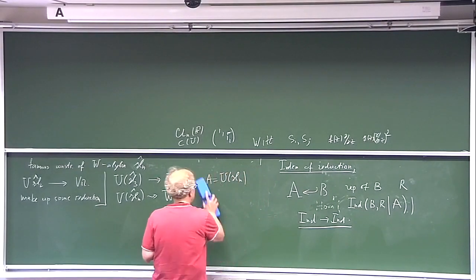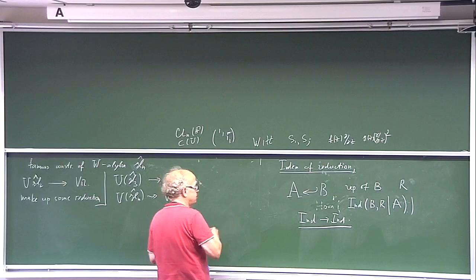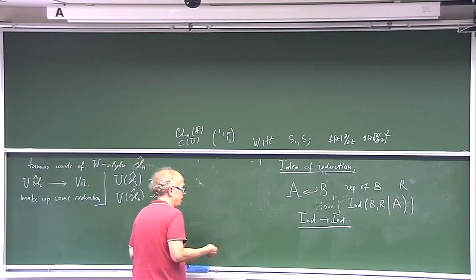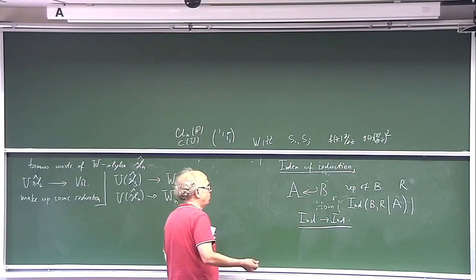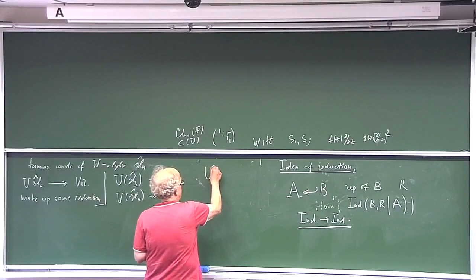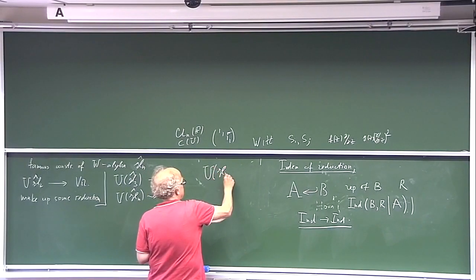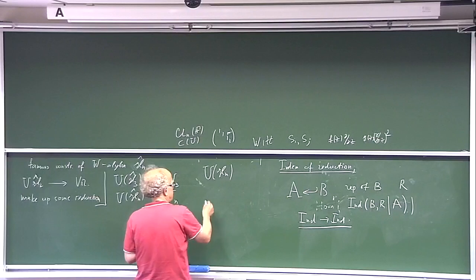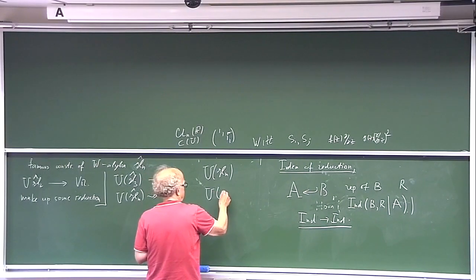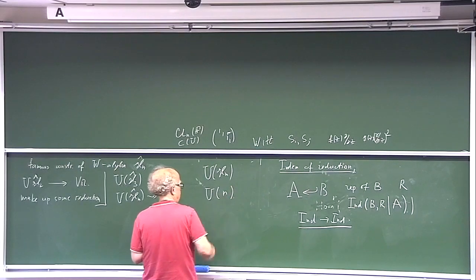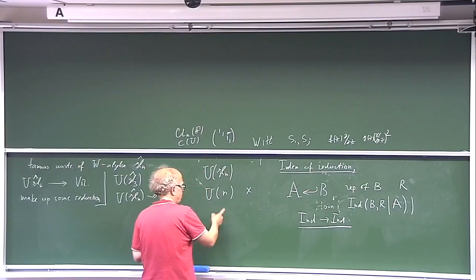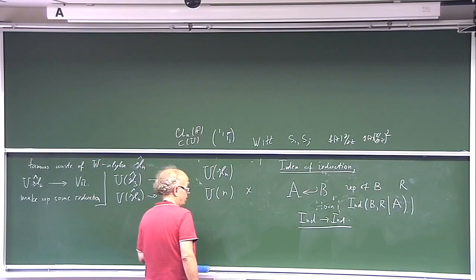And this construction, as a construction of a new object, is very popular. We can take as A the universal enveloping algebra of GL_N, for example, and as B the universal enveloping algebra of the maximal nilpotent subalgebra here. And we can take a non-trivial generic character of this n, one-dimensional.